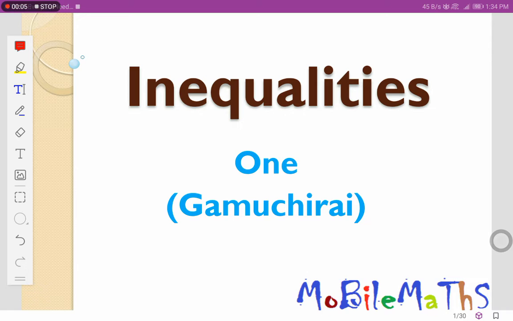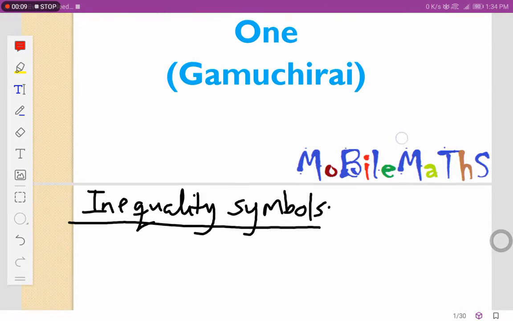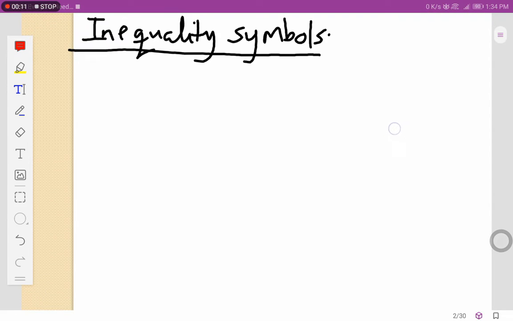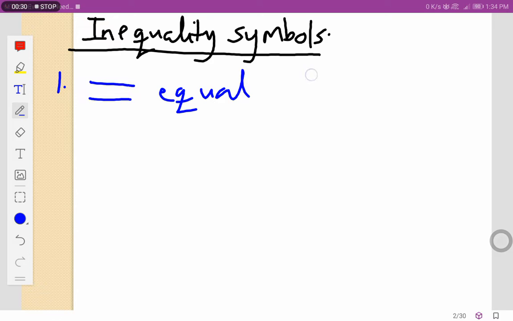Today I want us to look at inequalities. So I'll start with inequalities 1, where I'm looking at an introduction of inequality symbols. So first symbol that we have got is the equal sign. We use it when we have things that are equal to each other. I can have, for example, 1 is equal to 1.